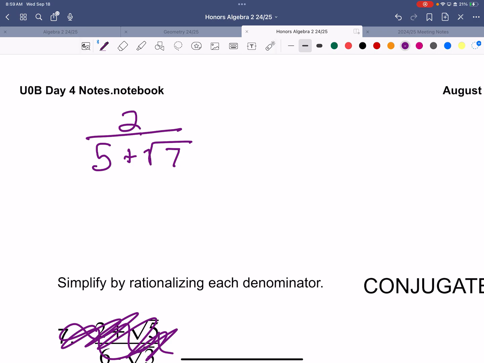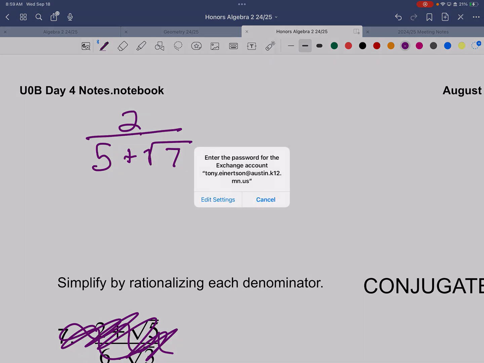Go ahead and try that one on your own. Write down what the conjugate is, multiply it by its conjugate. I'll give you a couple seconds to write the conjugate down. Just keep going. I'll write the conjugate down here in just a second so you can double check to make sure you got the conjugate right before you keep going.